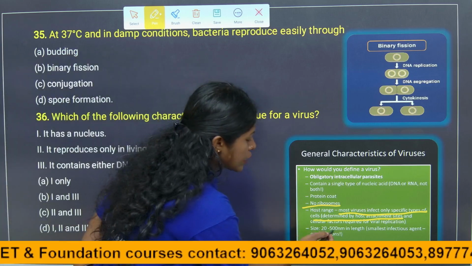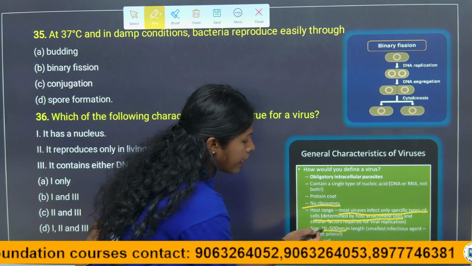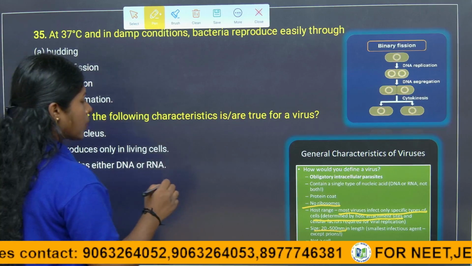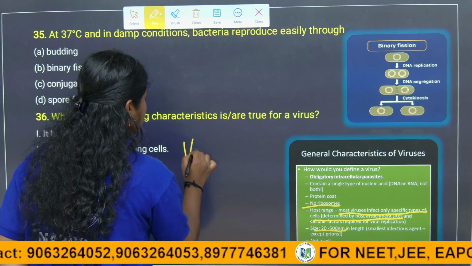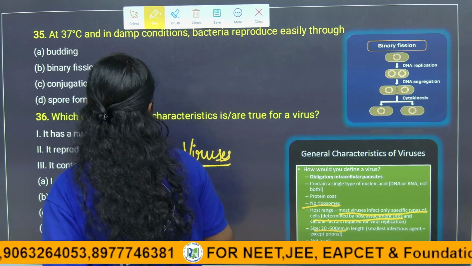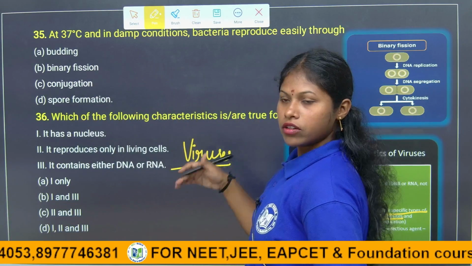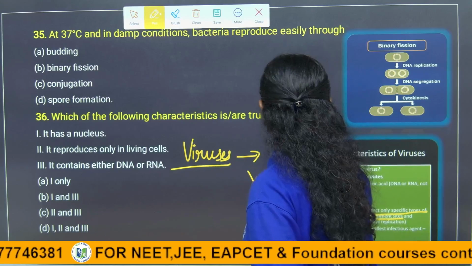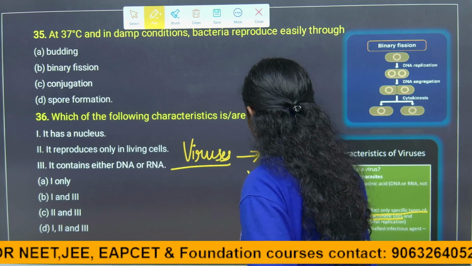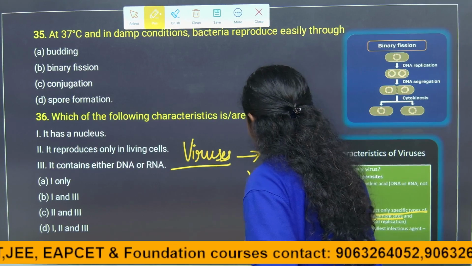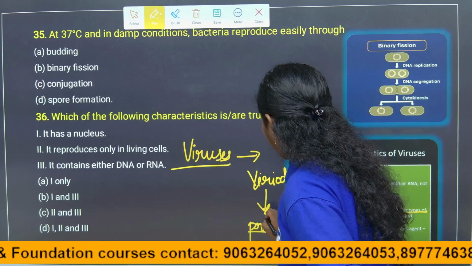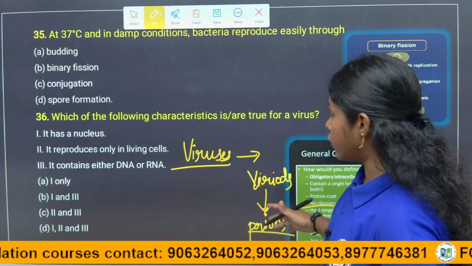The size may be 20 to 500 nanometers in length. Viruses are smaller than bacteria. Viroids are smaller than viruses. Prions are smaller than viroids, right, children?